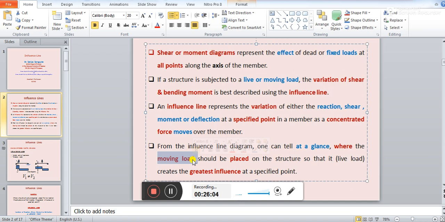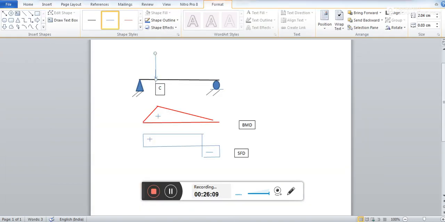To explain it in a very easy way, let us again go back to this document. Let's say this load is coming and entering this beam from here. When the load is over here, the BMD will be a straight line, because there will not be any bending moment. But when this load comes to this point, your bending moment diagram will change a little bit, and this top point will come over here. So at C there will be some bending moment.